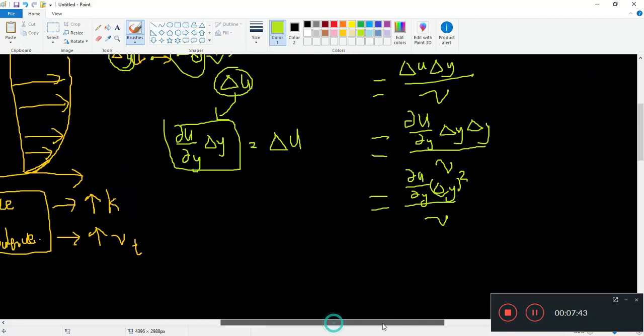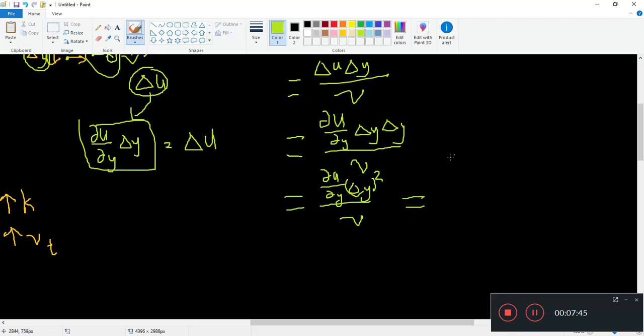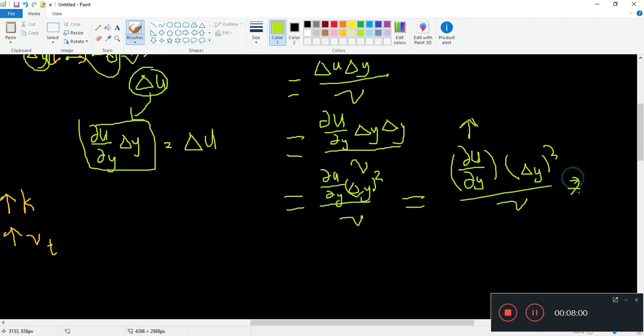Alright, so this means that when you have this rate of strain into some delta Y squared, this is my own interpretation of it: when you increase this velocity gradient, this will increase the Reynolds number. It's a dimensional argument.